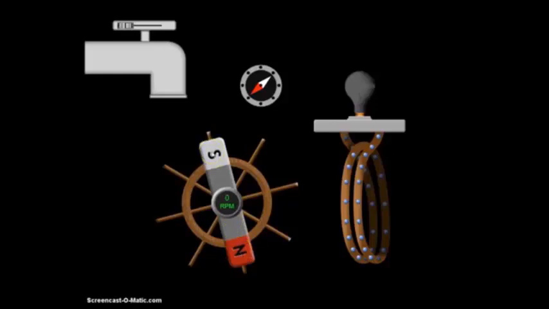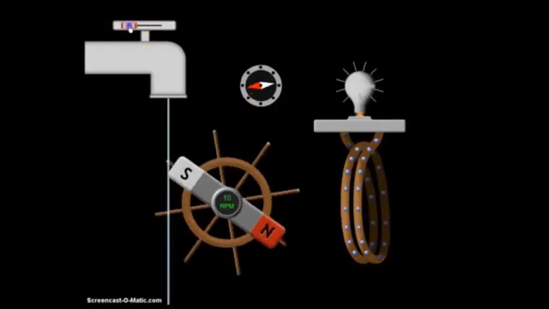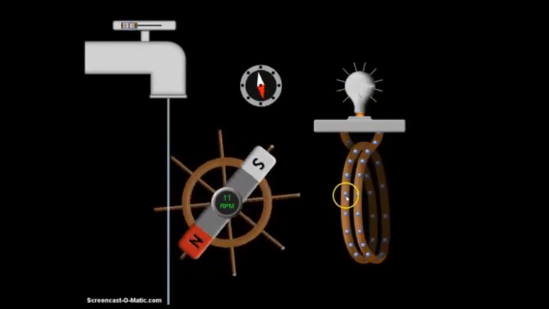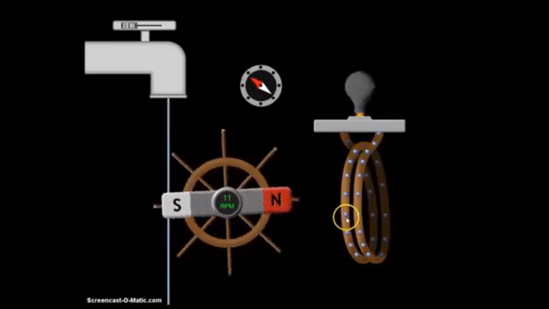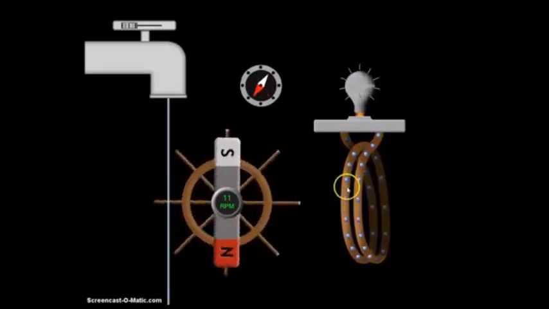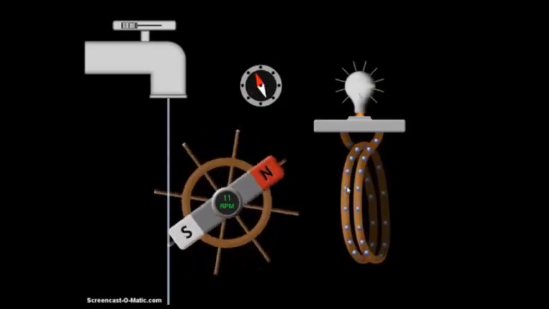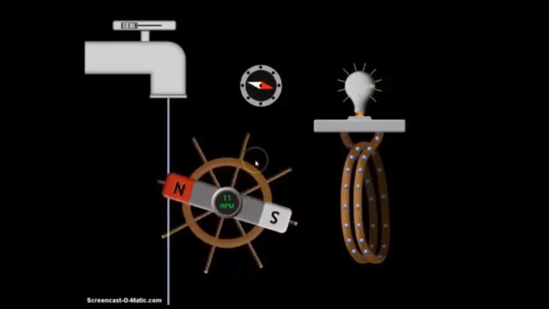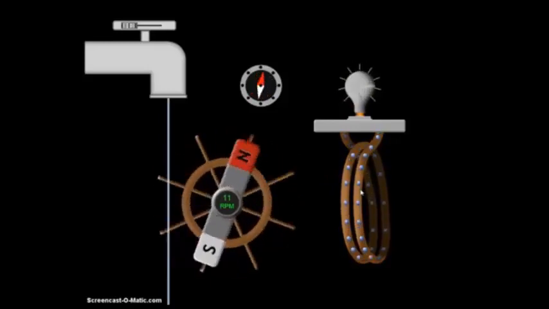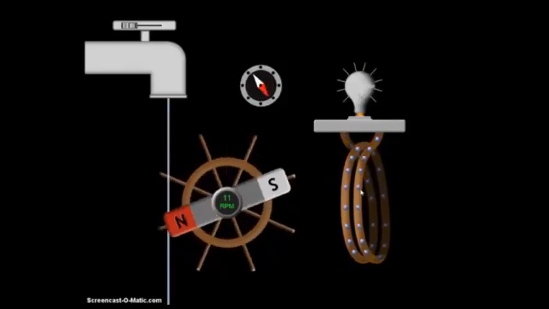You can kind of think of this as positive, negative. Here's a wire coil with electrons in it. If we start moving this magnet, it starts to move the electrons back and forth. The magnet moves them. So this is how power companies work with alternating current. They have a giant magnet that rotates very quickly, and it moves the electrons in wires nearby. This is how alternating current is made.